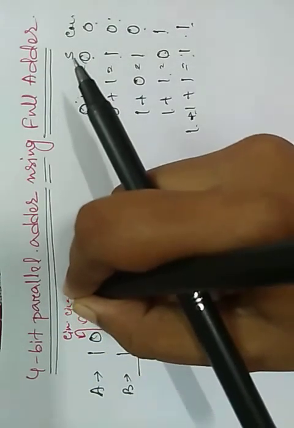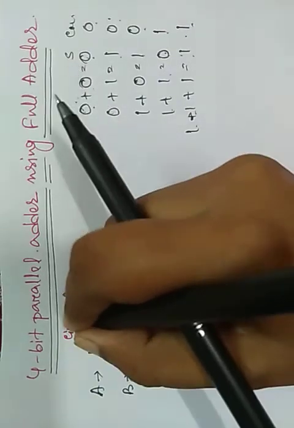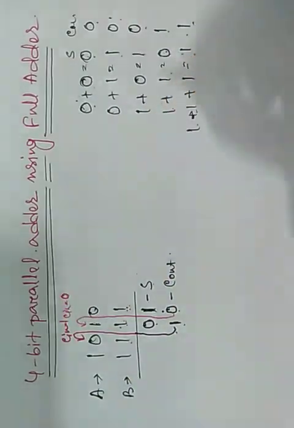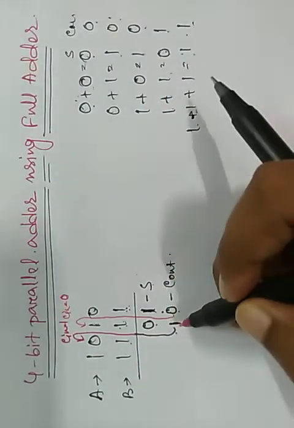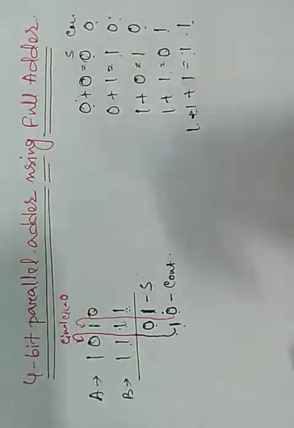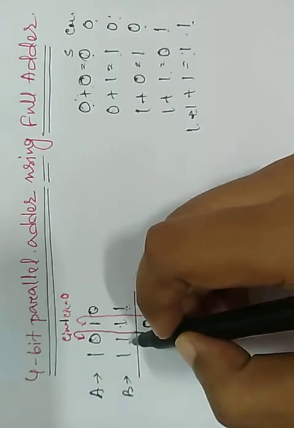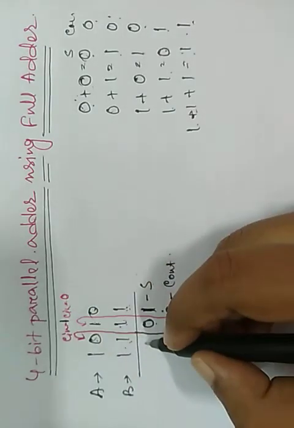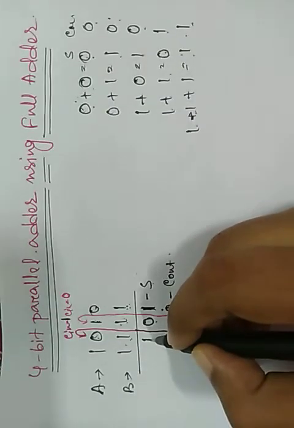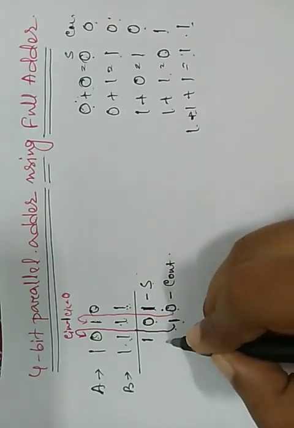So in this case carry in is 0, but in this case carry in is 1. Whenever carry in is 1, we get 1 plus 0 plus 1, that means two 1s are there. Here also sum is 1 and carry is 1.